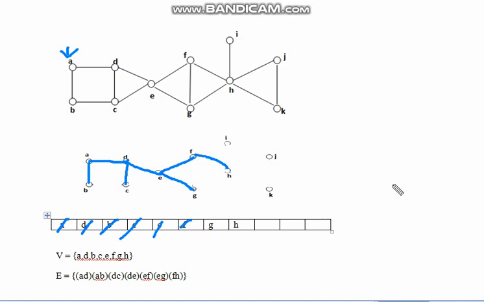Then from G, G to F and G to H are there, but both form a cycle, so discard them.